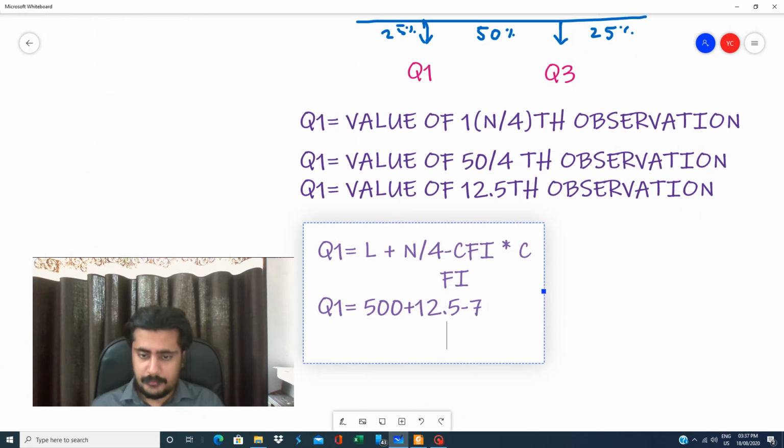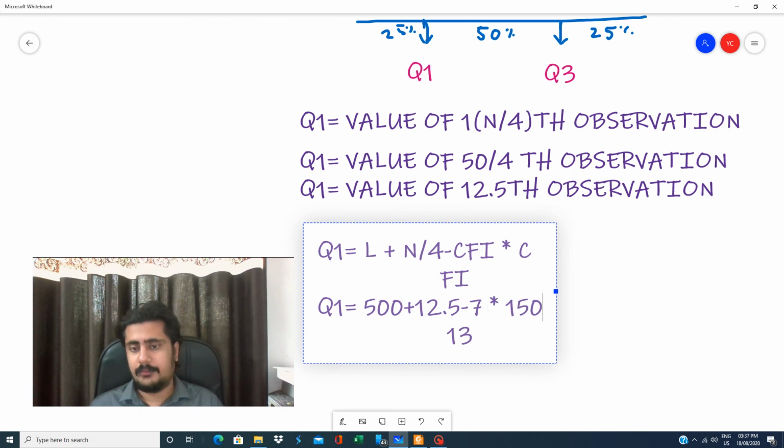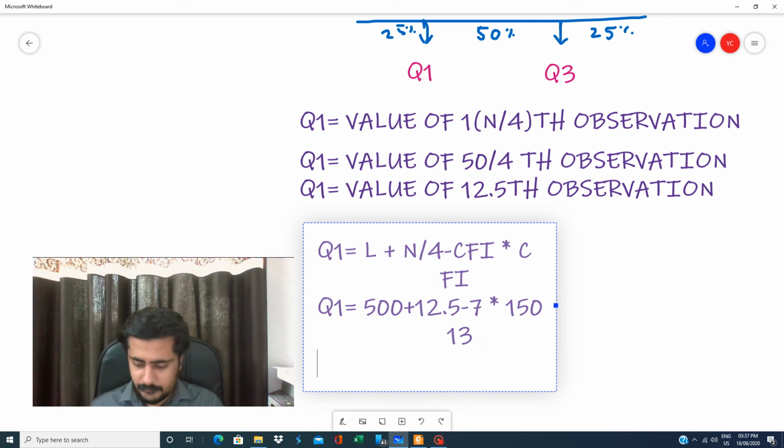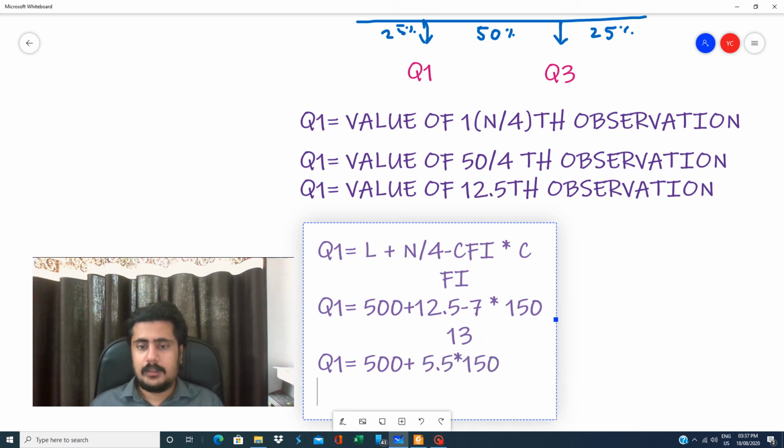So Q1 is equal to 500 plus 12.5 minus 7, which is 5.5, into 150 upon 13.